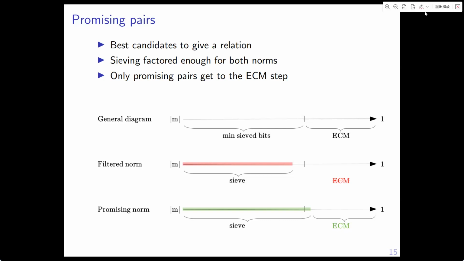In the best case scenario, we find enough factors, and we call that a promising norm, which means we will keep it and send it to ECM to find the remaining factors.